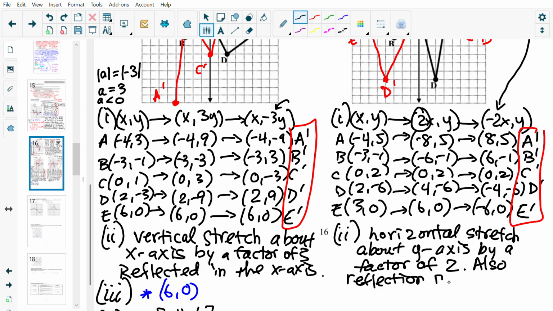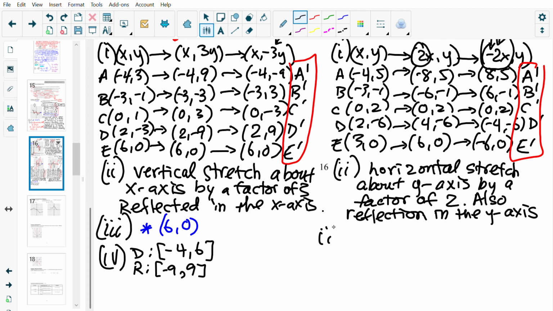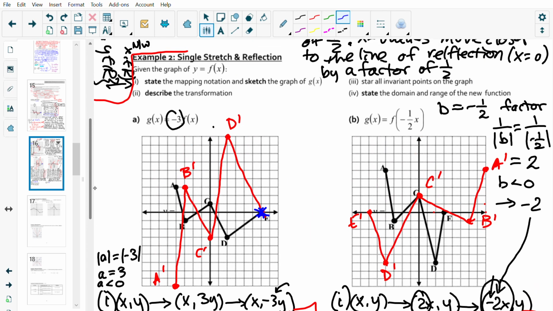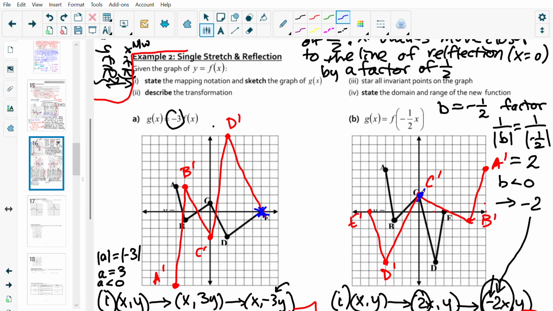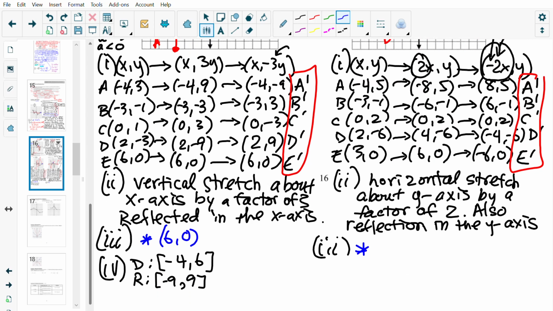Also, a reflection in the y-axis. Negative 2, right here. Invariant point, label it, put a star by it, right here. And that invariant point, it doesn't change regardless of original function or transform function at 0, 2.